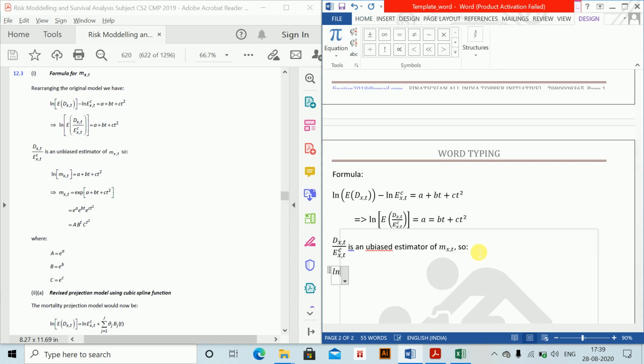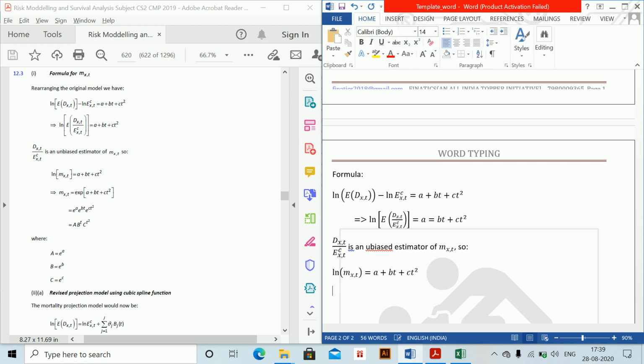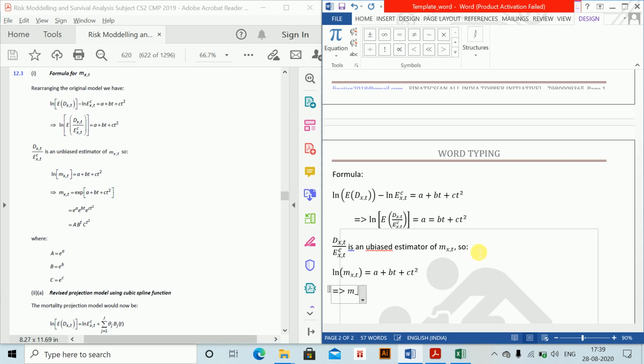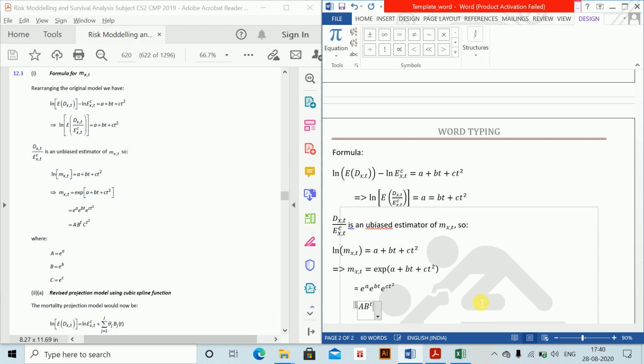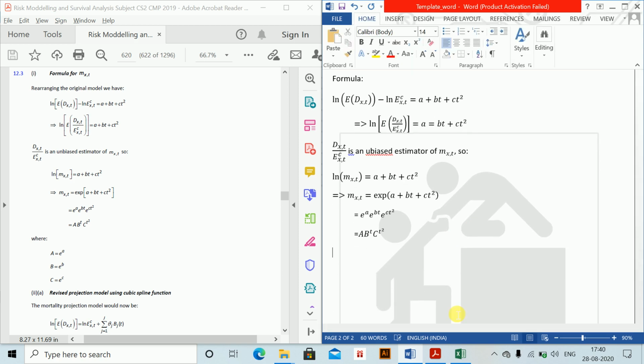Then ln of m(x,t) is equal to a plus bt plus ct squared. Therefore m(x,t) is equal to exp of (a plus bt plus ct squared), which is equal to e to the power a, e to the power bt, into e to the power ct squared, which is equal to a b to the power t c to the power t squared. Just use the power sign.